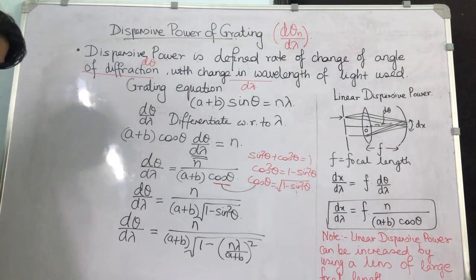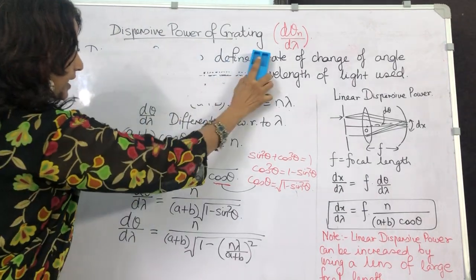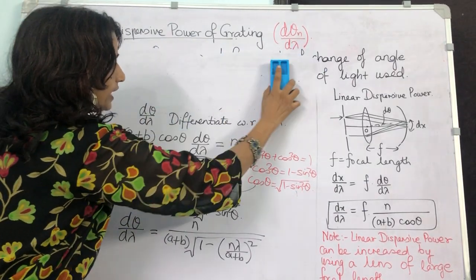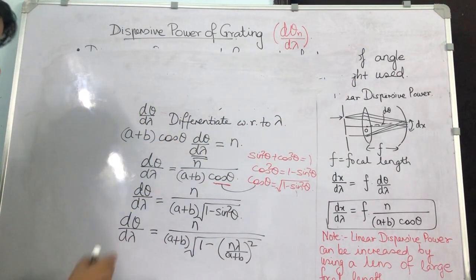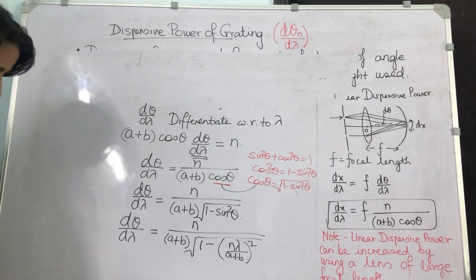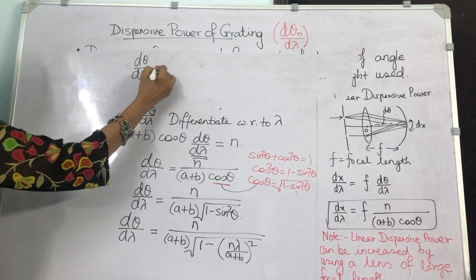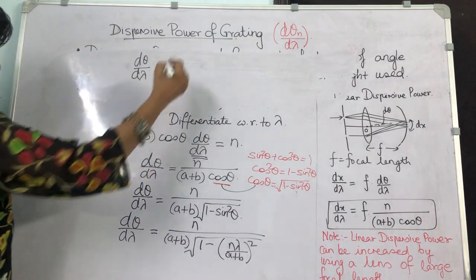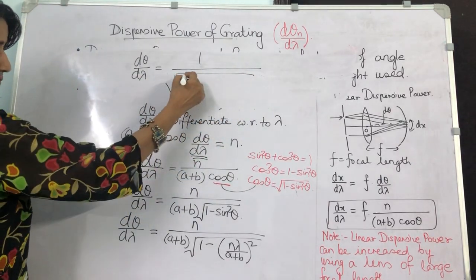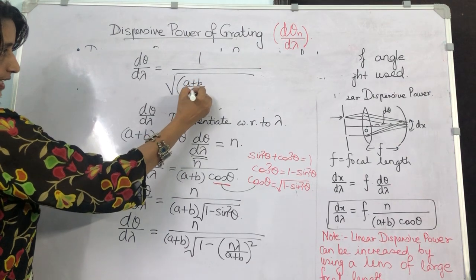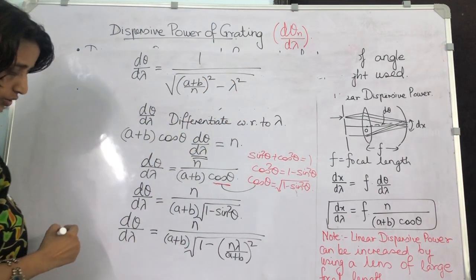We simplify this expression a bit more and we get the expression for dispersive power of a grating. And this is asked a lot in lengthy questions. We will write it in a simpler form so that we can come to a conclusion upon what all factors dispersive power depends upon.